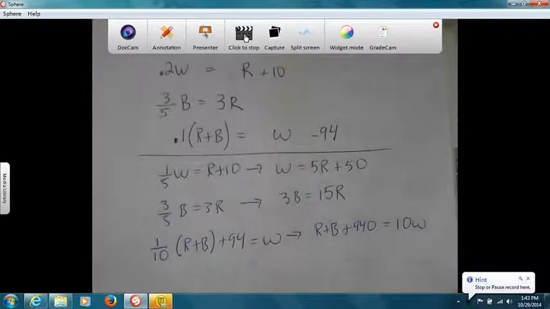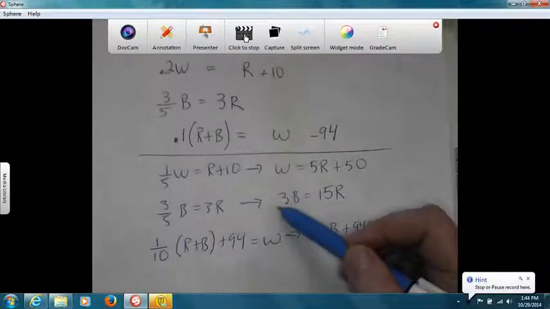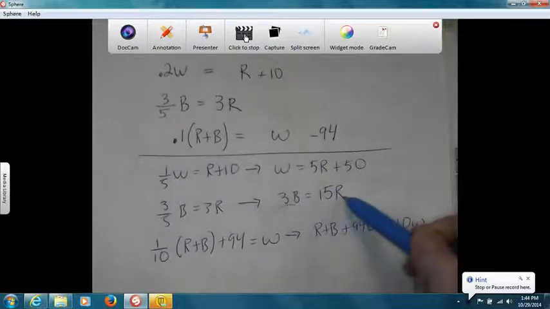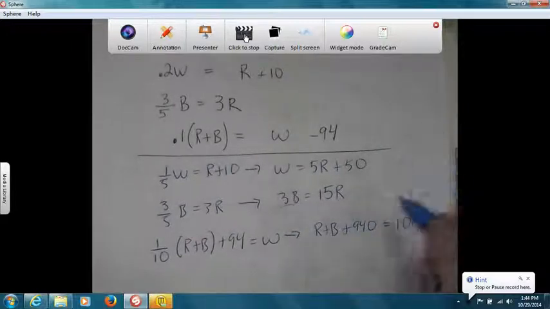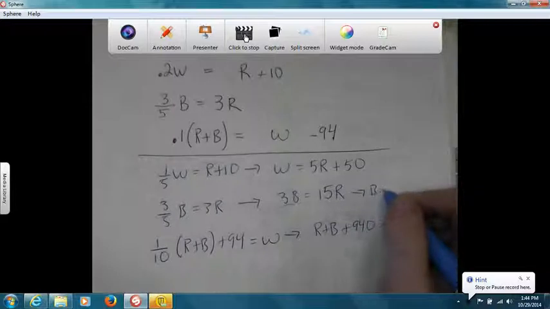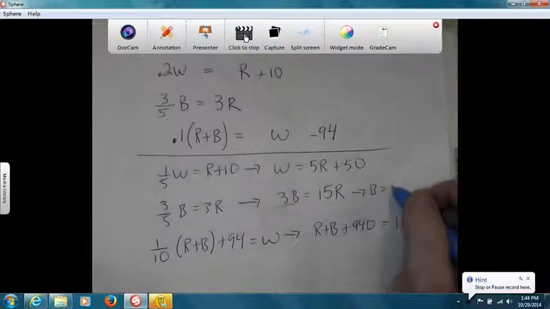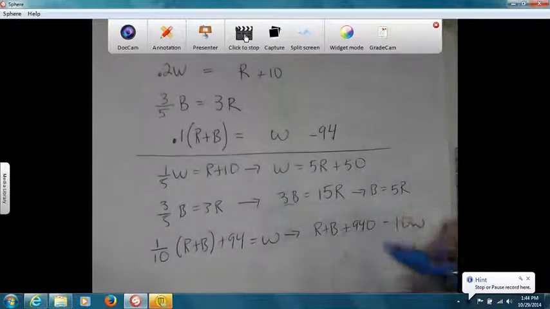Okay, so we could solve this one for B, and that would be B equals 5R. I'm going to plug it right there. And wait, does that even help?